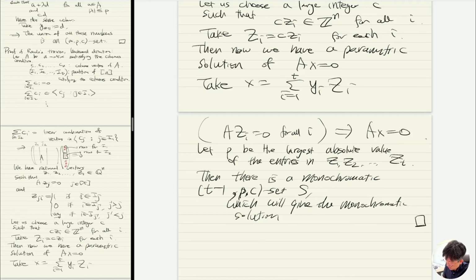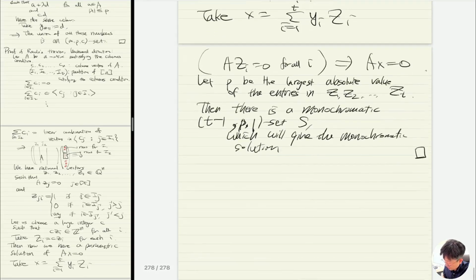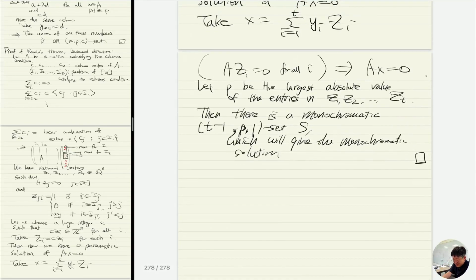I can take C to be 1, right? So y1, oh, this is the other way. Okay. Why is this the end of the proof?